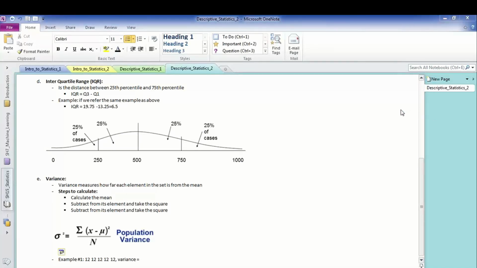Okay, so first calculate the mean. You want to add all those and divide? It's up to you. This is a question given to you. It's up to you how you solve it.